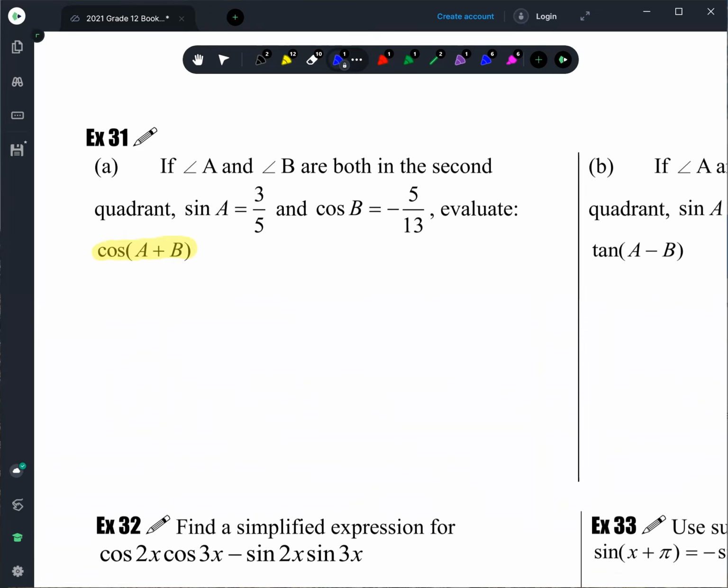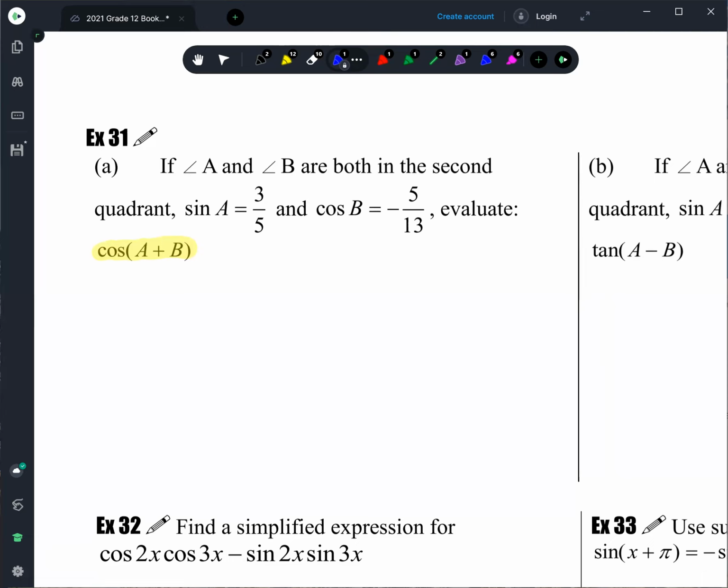So do we know the angle here? Kind of. They're both in the second quadrant. Yeah, we know the angle is in the second quadrant. But do we know how big they are? No, right? So the difference between this question and all the questions we've done before is we don't know the angle.